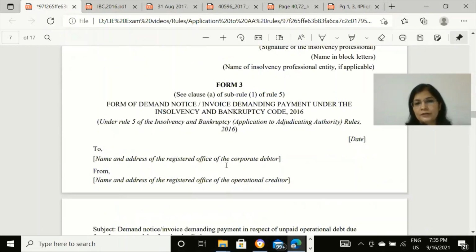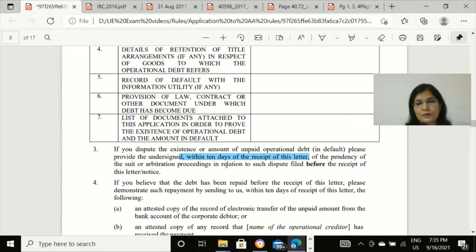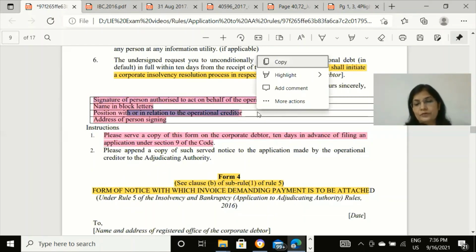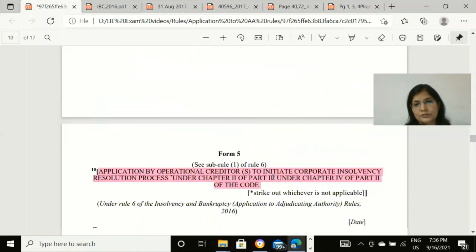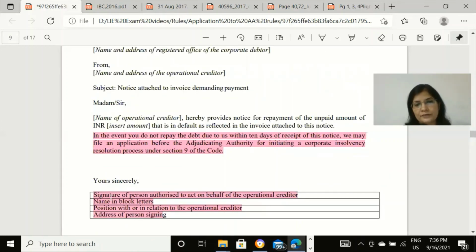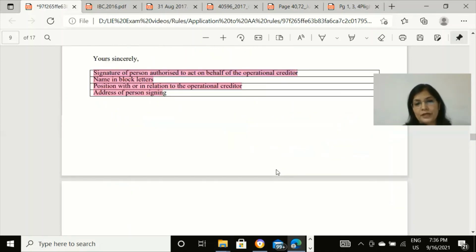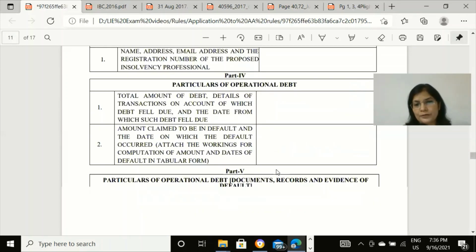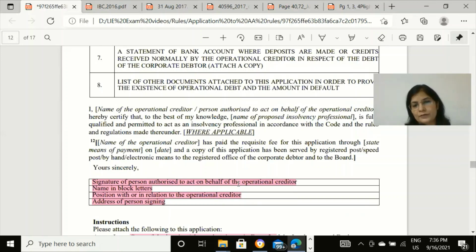Form 3, the demand notice, specifically requires, at the end, the signature of the person who is authorized to act and what is his relation with or in relation to the operational creditor. And if you go through Form 4, that is also a substitute Form 4.3, the same thing, it is asking for the person authorized to act on behalf of the operational creditor. And if you look at Form 5 for initiating CIRP by the operational creditor, the same thing, the signature of the person is specifically mentioned here.